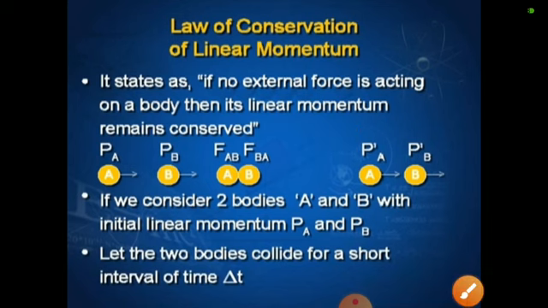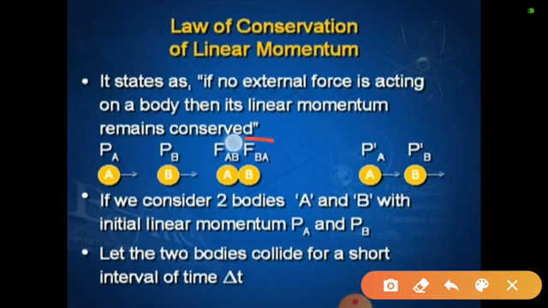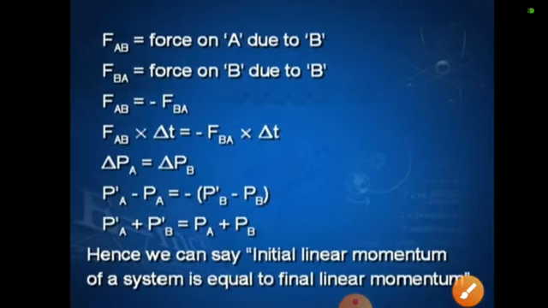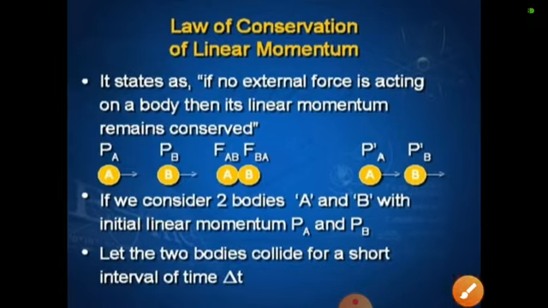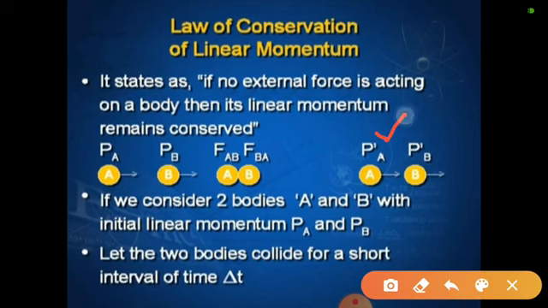For this, consider two bodies A and B with initial linear momentum PA and PB, and let these two bodies collide for a very short interval of time, that is delta t. After collision, these two bodies get separated and have their momentum PA dash and PB dash.